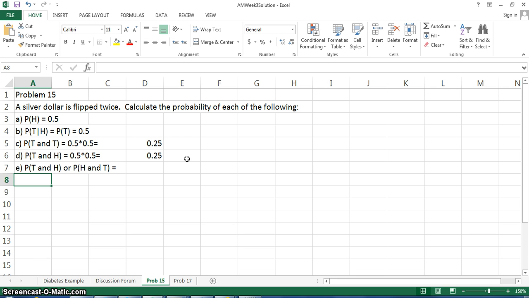In this case, we already have one of the probabilities calculated here. And so we would use the addition rule here.